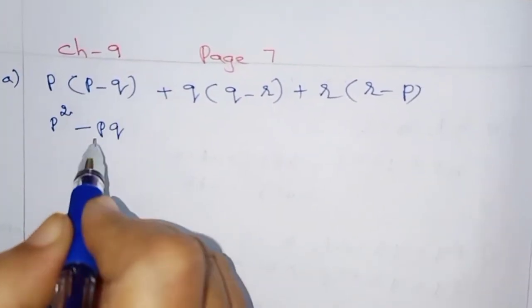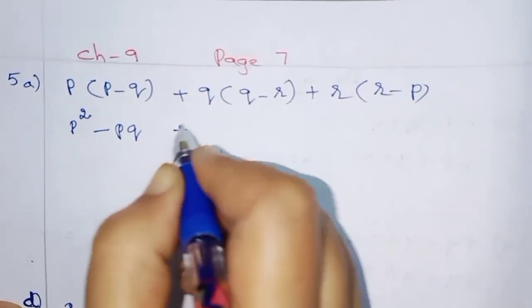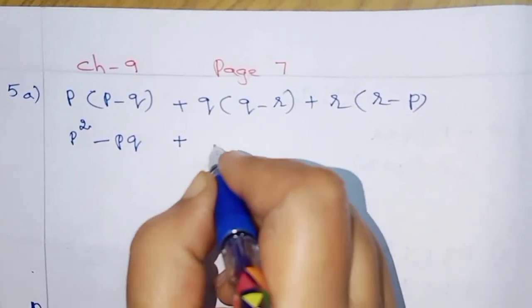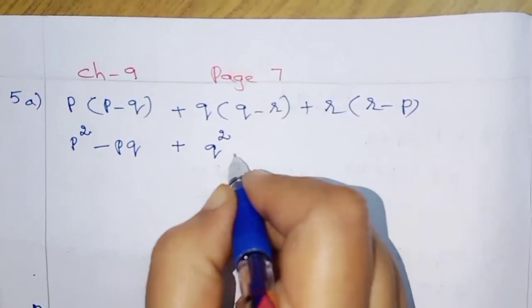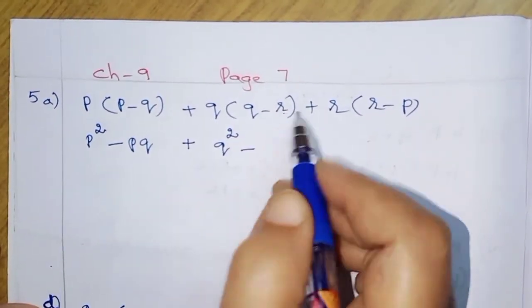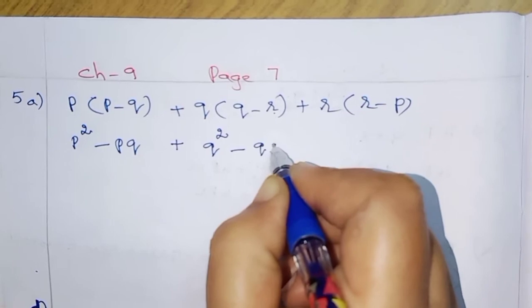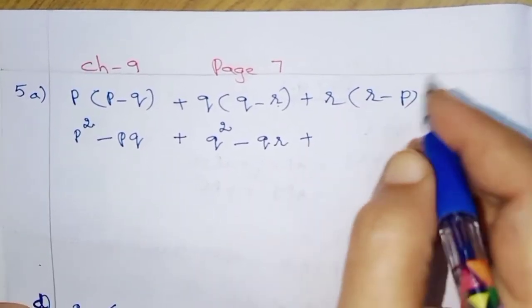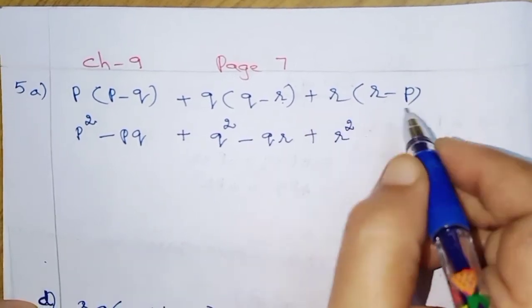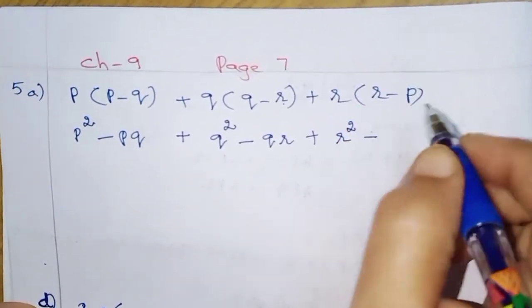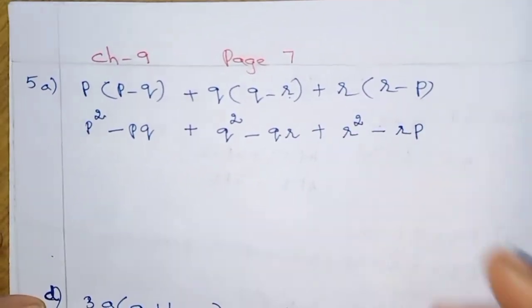P into Q is PQ, plus Q into Q is Q square. Plus into minus, minus. Q into R, QR, plus R into R, R square. Plus into minus, minus. R into P, RP.